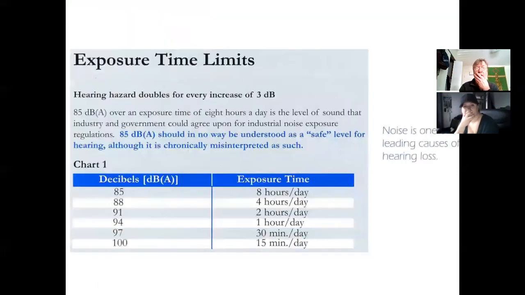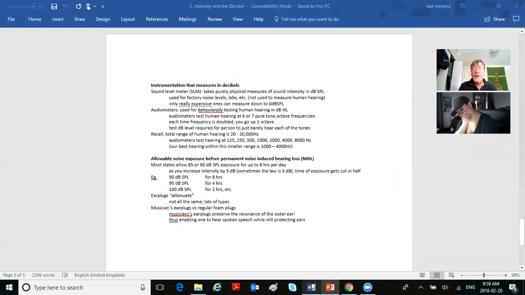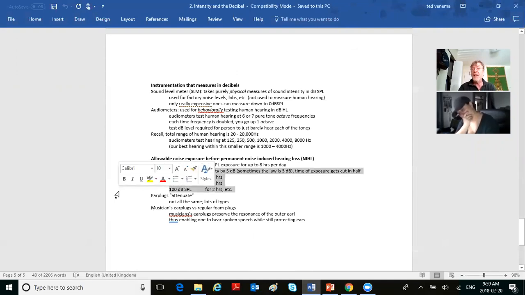Let's look. Exposure time limits. Take the slide home. This is a good one, and it deals with your notes as well. So if we look at our notes, hit escape, look at our notes, put a star by this, right there. Okay, what is your noise exposure allowance? What are you allowed to have in terms of noise exposure?